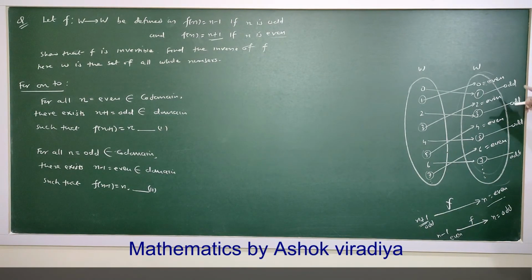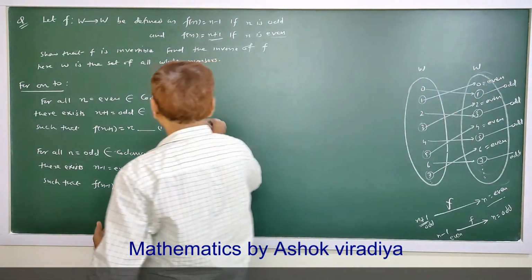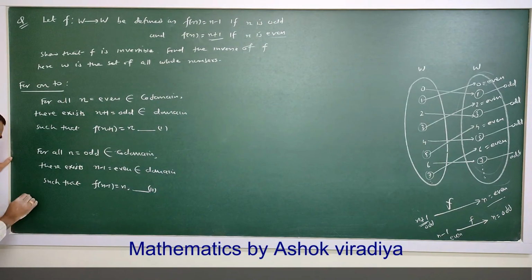So here the range is the codomain. Every element of the codomain is an image, that is proved.